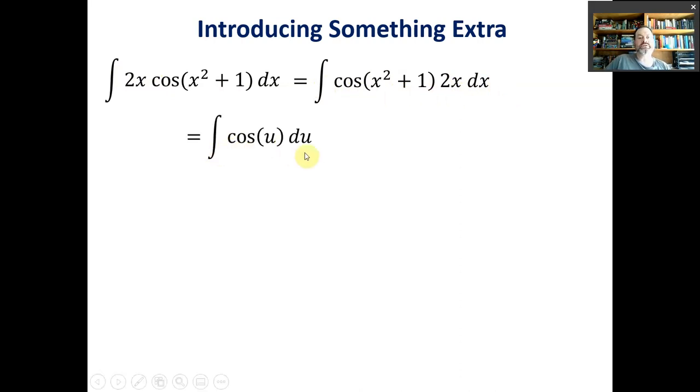As soon as we replace all of these x variables with u expressions, we now have an integral that we can do, right? So we get sine u plus c. Then all you have to do is back substitute u equals x squared plus 1. So this is the answer.